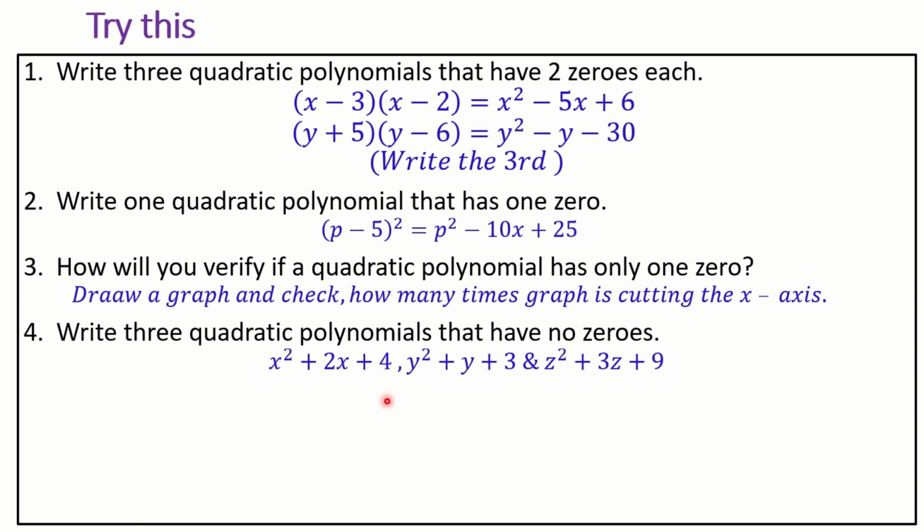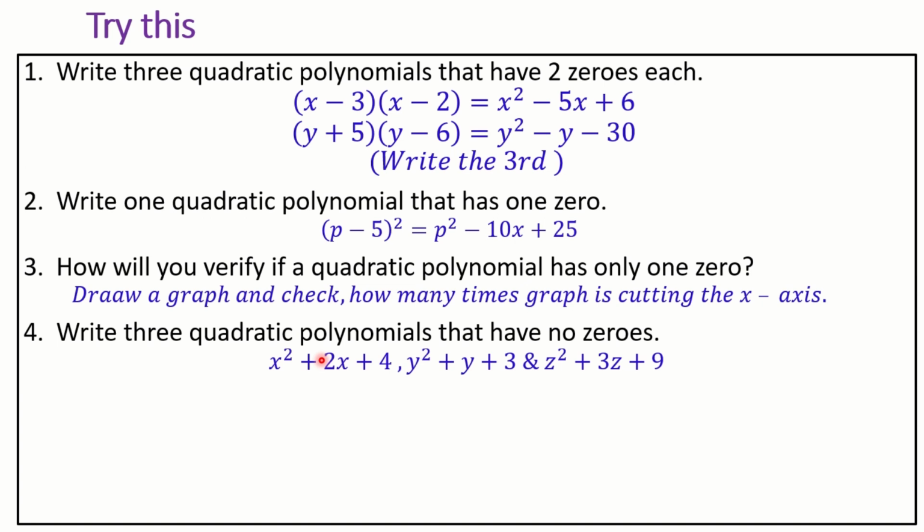If you see here, the factors of 25 are 5 into 5. 10 you can write as minus 5 and minus 5, correct? Minus 5 minus 5 is minus 10, and minus 5 into minus 5 is 25. So if 4 doesn't have factors which you can sum up or subtract to make the middle term, then it doesn't have a zero.